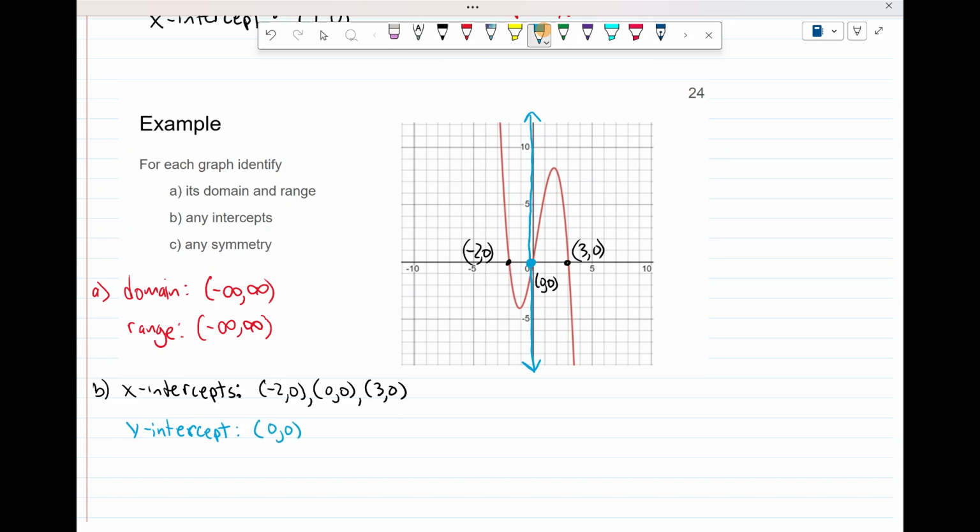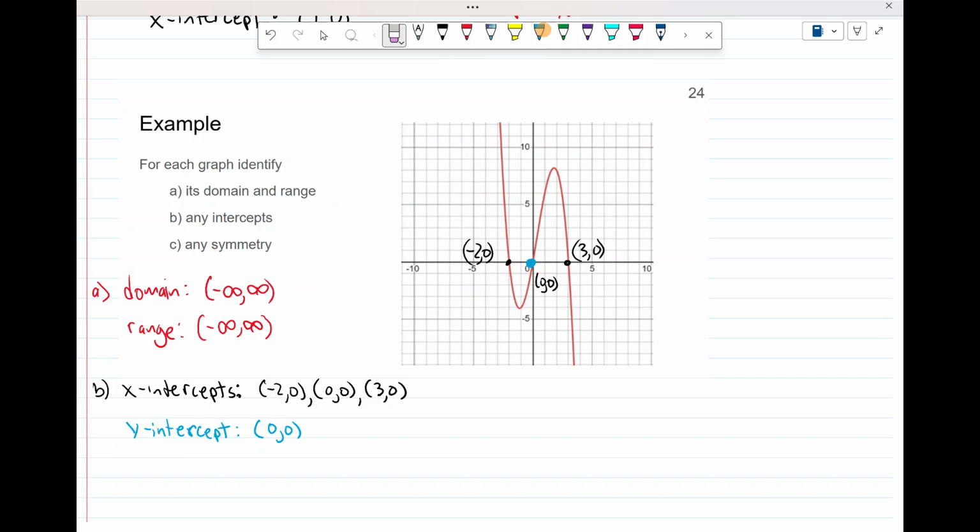It would be 0, 0. So notice if your graph ever crosses the origin, then 0, 0 will be both an x-intercept and a y-intercept of your graph.